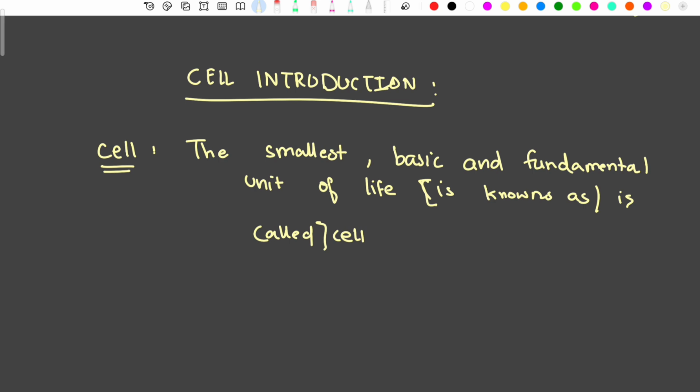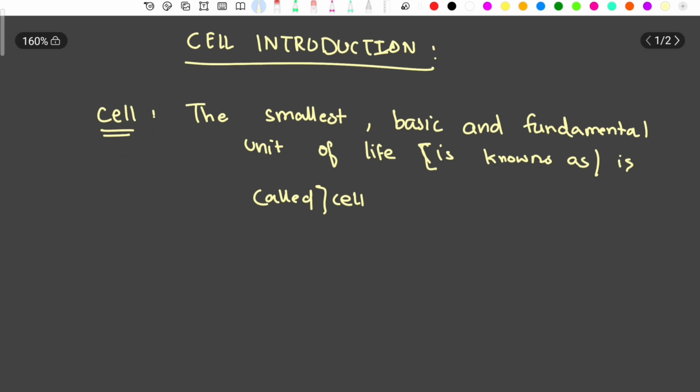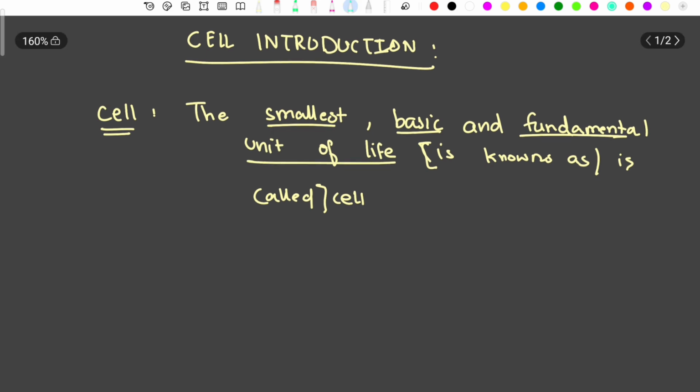Yes, dear friends, this is called a cell. Now, why is the cell called the smallest, basic and fundamental unit of life? We are going to have a discussion on this now.